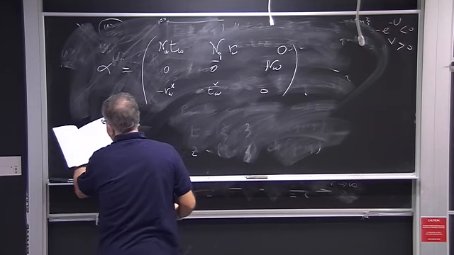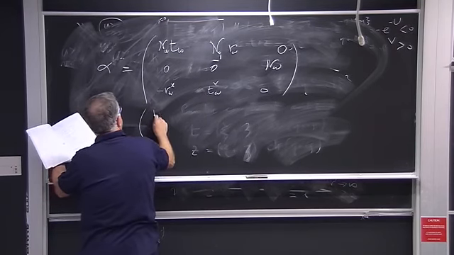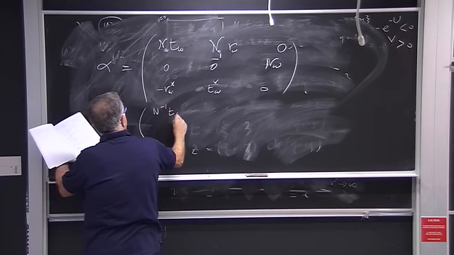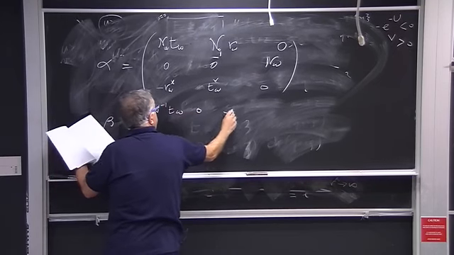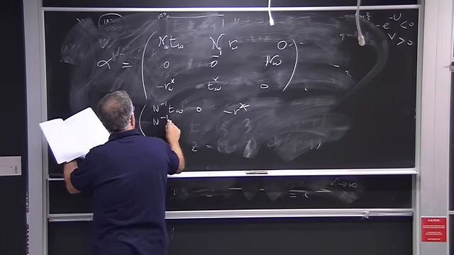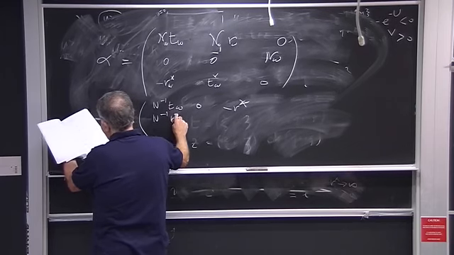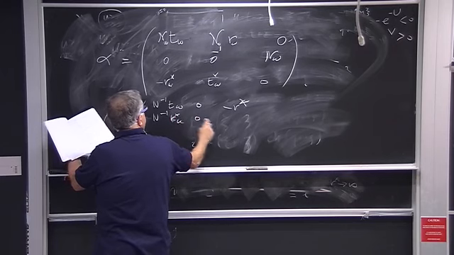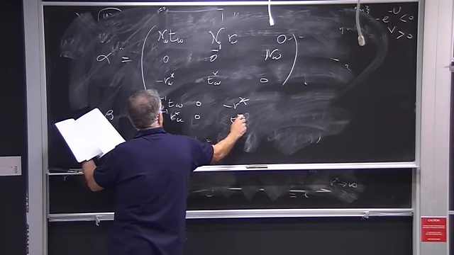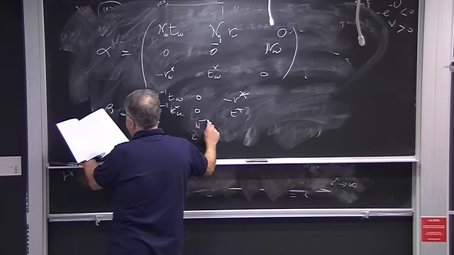This is alpha, and this is beta: n^-1 T omega, 0, minus R star, n^-1 T star omega, R star omega, 0, T star, 0, n^-1.